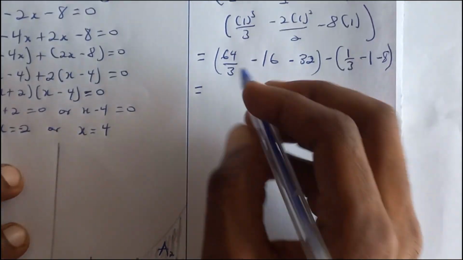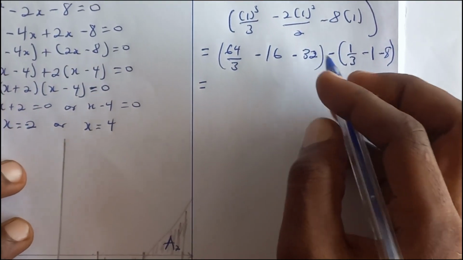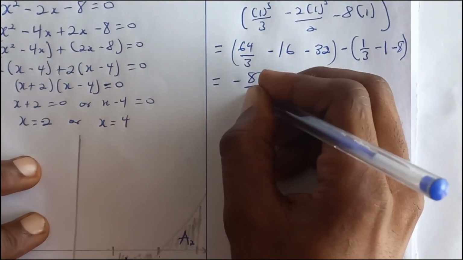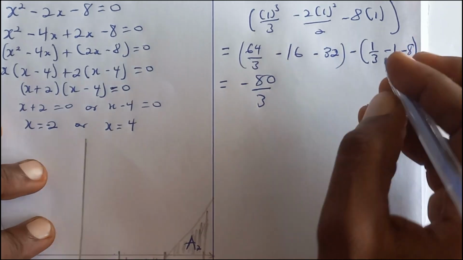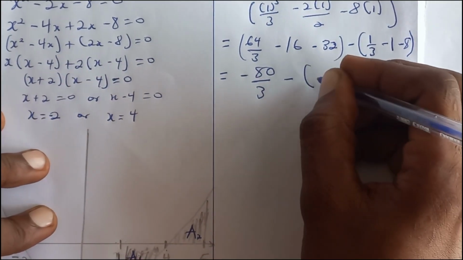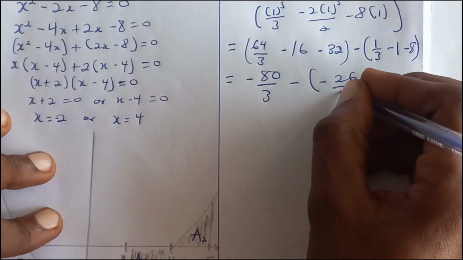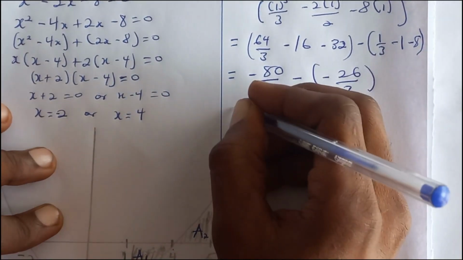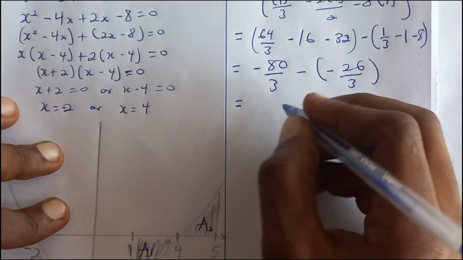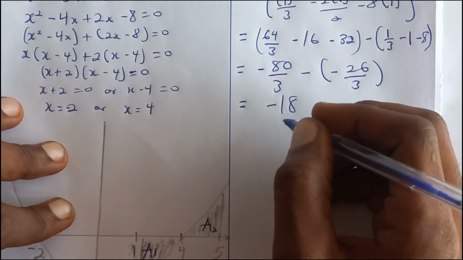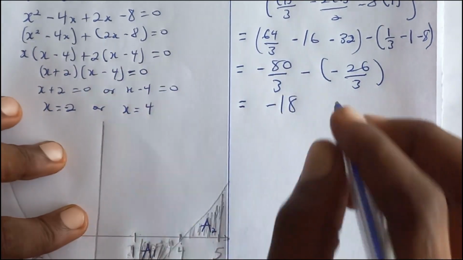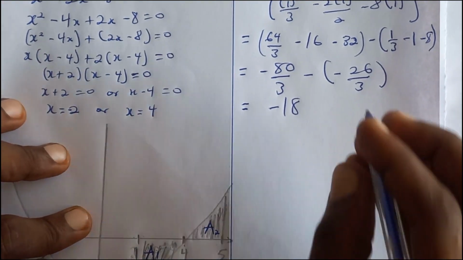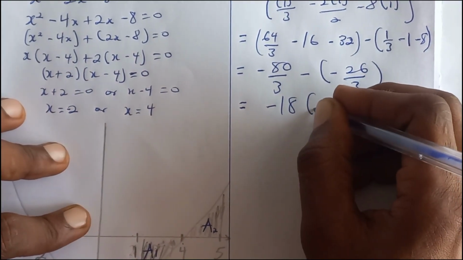So when you simplify this and add up, we are going to get negative 80 on 3, then minus into bracket minus 26 on 3. So when you add these two, we are going to get negative 18. And please, area must be positive. We don't have negative area. Okay, let me write it here.